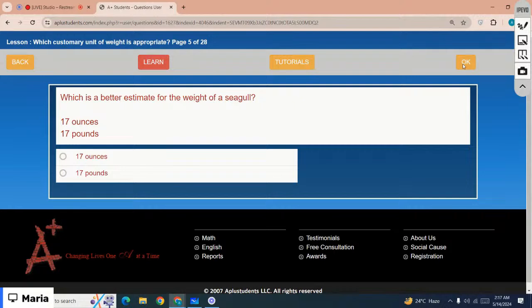Which is a better estimate for the weight of a seagull? 17 ounces, 17 pounds. Which is the correct option?